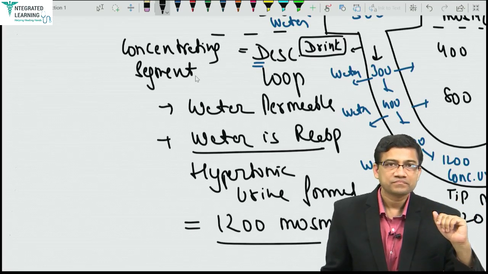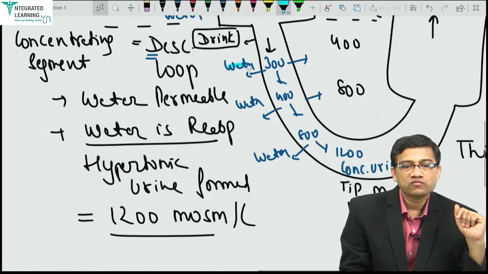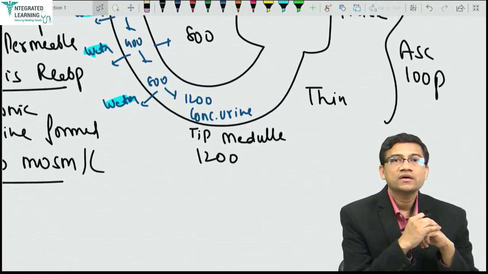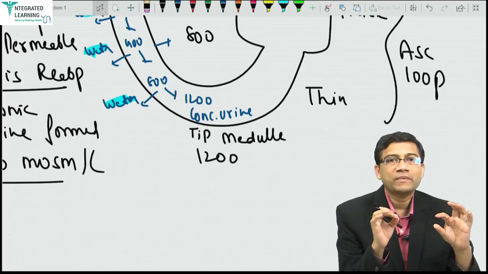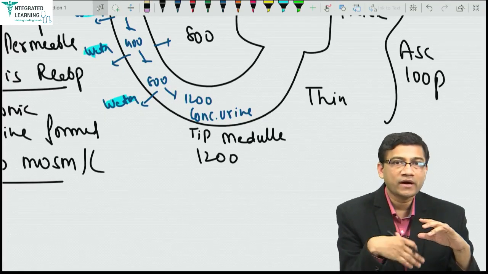Now everything is going fine, but one problem. What is that? This water, as it starts entering the medulla, might dilute the medulla osmolarity. So that is why you have to take this water out of the medulla, so that medulla is preserved at 1200 and allows water to be reabsorbed again in the future.